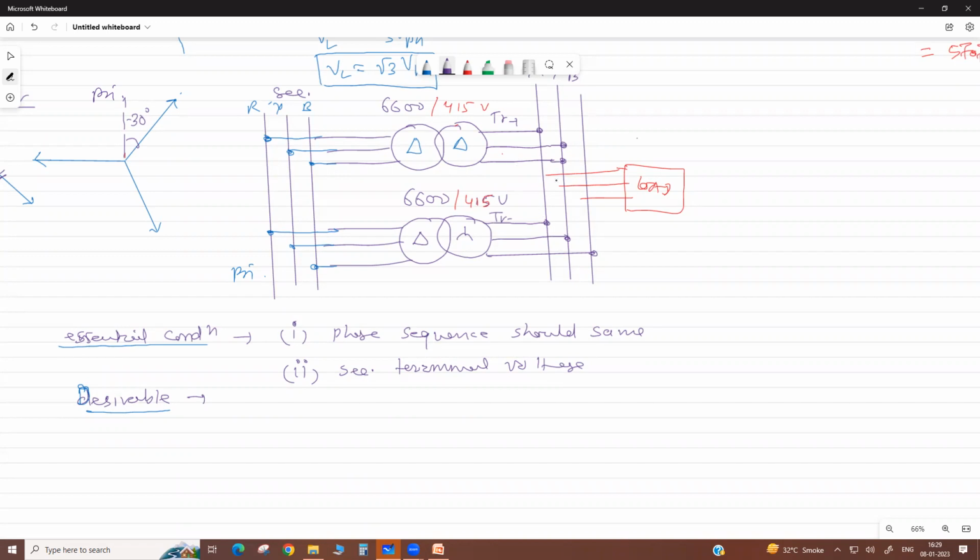Otherwise, if the magnitude is different, then again current flows from one transformer to feed the other, from the higher voltage to the lower voltage. Therefore their no-load terminal voltage should be the same.